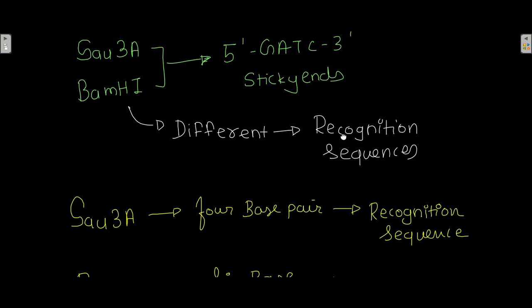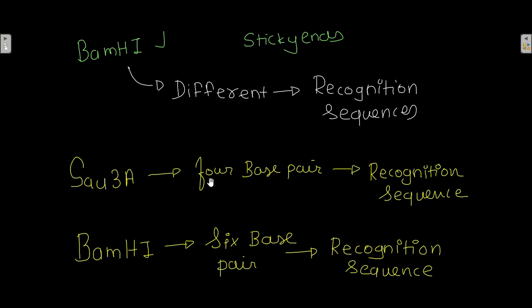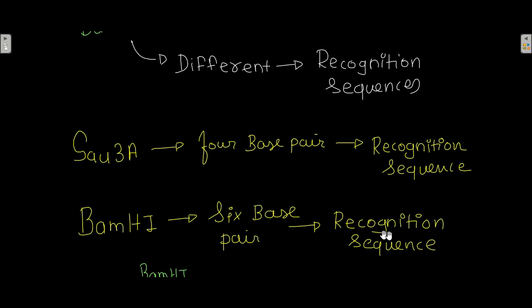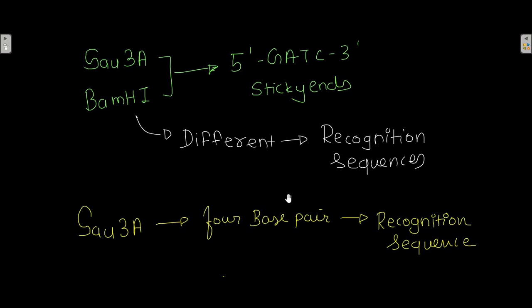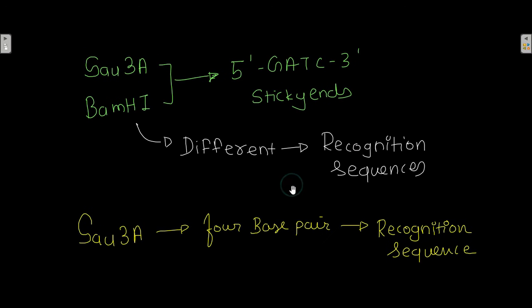The recognition sequence for Sau3AI contains 4 base pairs and the recognition sequence of BamHI consists of 6 base pairs. So they have slightly different recognition sites, but after they cleave the DNA, the same sticky ends are produced, that is GATC.